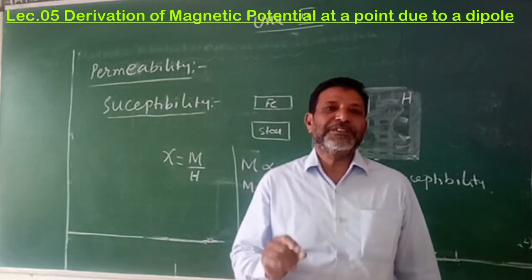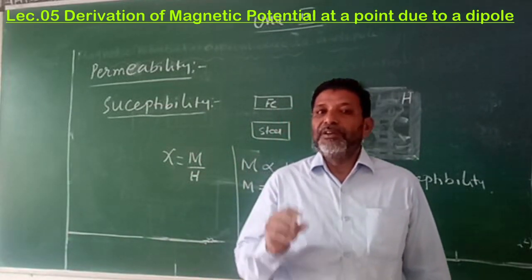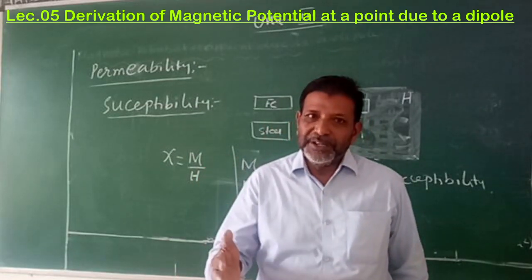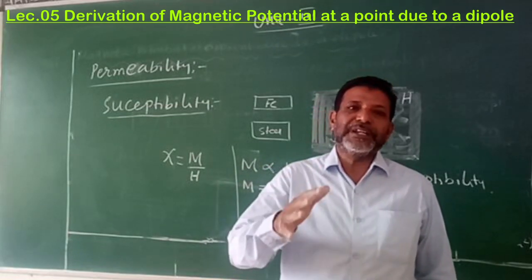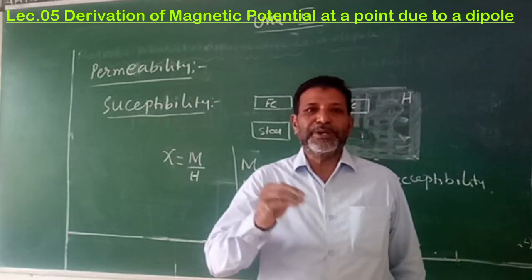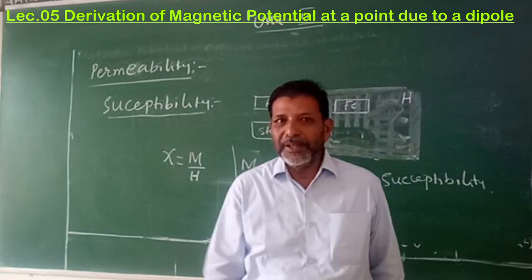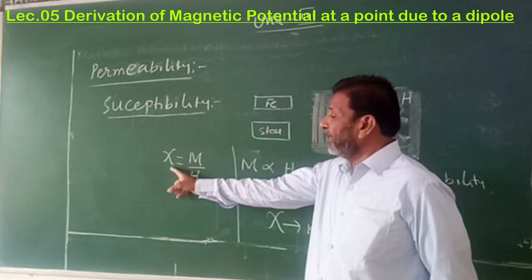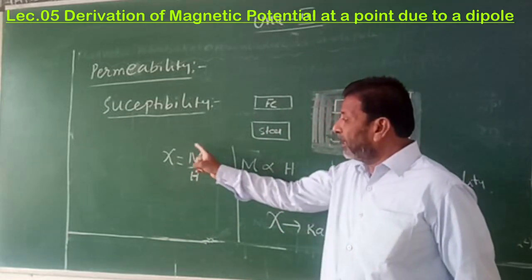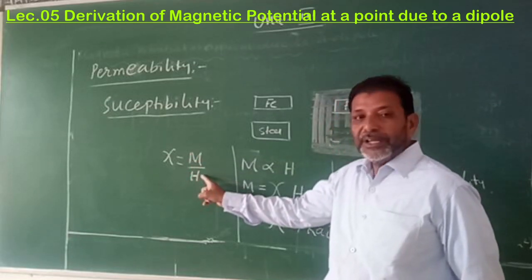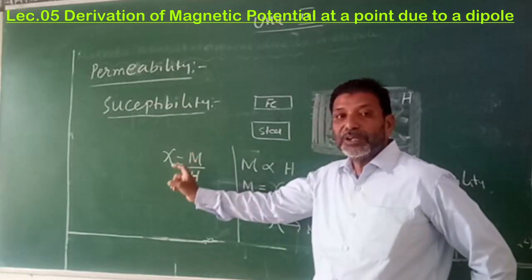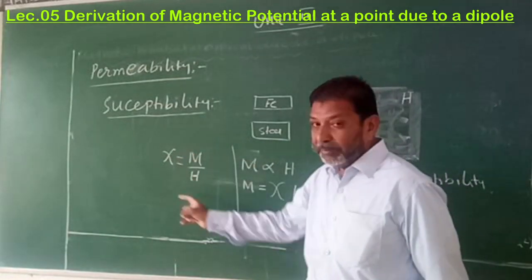The physical definition is that when different materials are placed in the same magnetic field, they are magnetized to different extents because of their property. That property is known as the susceptibility. And the susceptibility of a material is equal to the ratio of the magnetic moment acquired by the material to the intensity of the applied field.